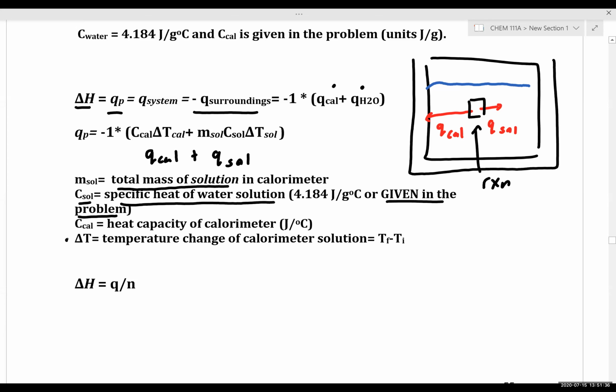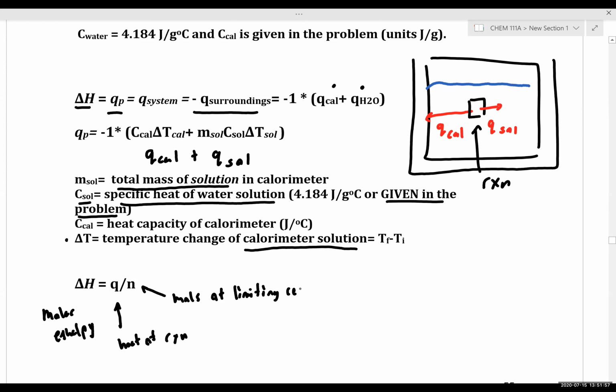And delta T is the temperature change of the calorimeter solution. Now, to calculate the molar enthalpy, we take the heat of reaction and divide by the moles of limiting reactant. More on that later.